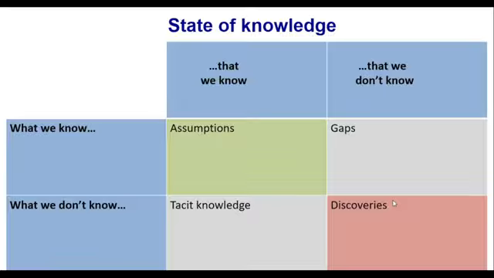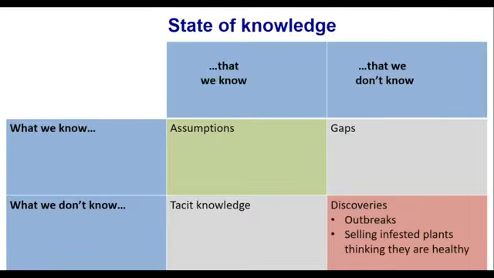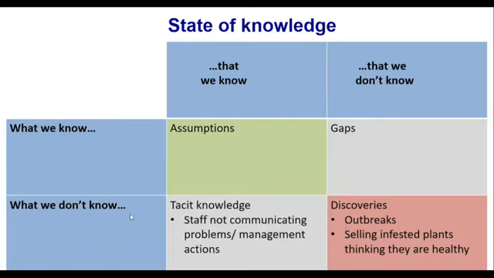So from within a pest management perspective, from a production nursery perspective, what we don't know that we don't know, these are the outbreaks. Oops. Potentially we're selling infested plants that we think are healthy, but they actually have an infestation because we didn't look. What we don't know that we know, these sorts of things can happen when staff as a business aren't communicating.